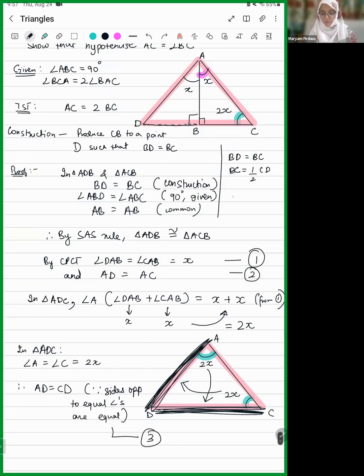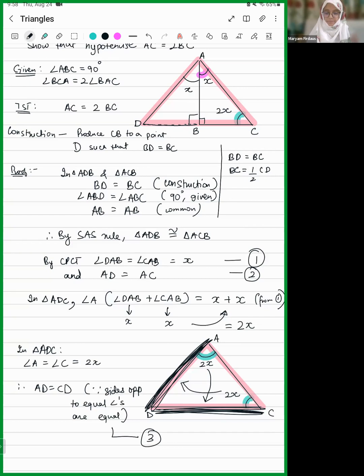See, if I have a rope and I am dividing it into 2 equal parts, then each of the parts is equal to half of the entire thing, right? Is this clear to everyone? Ma'am, I didn't get it.